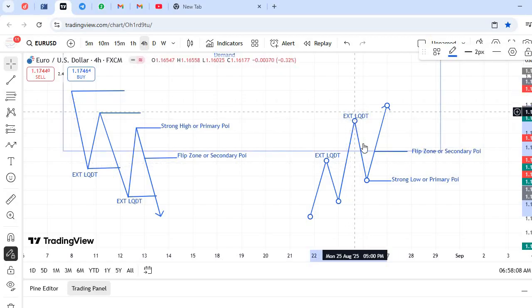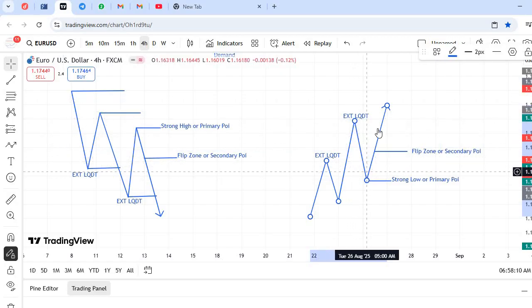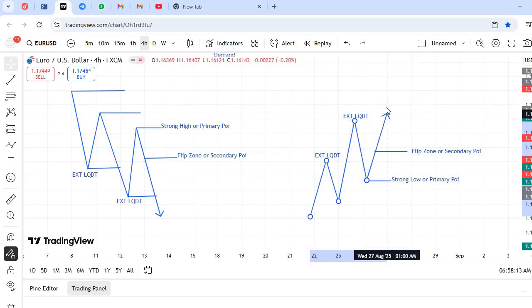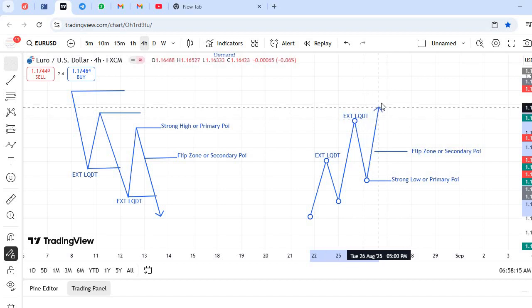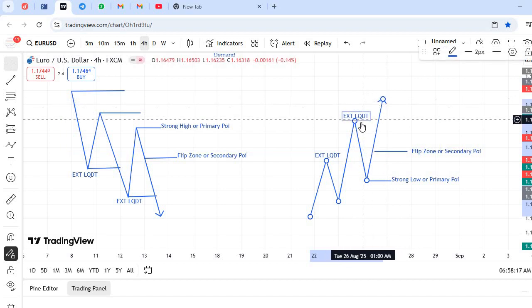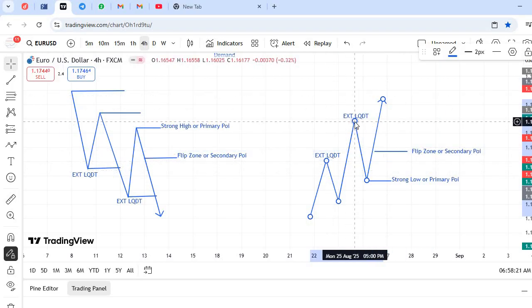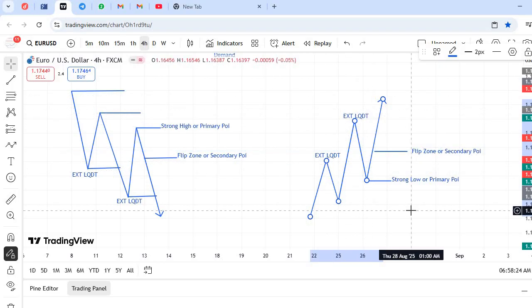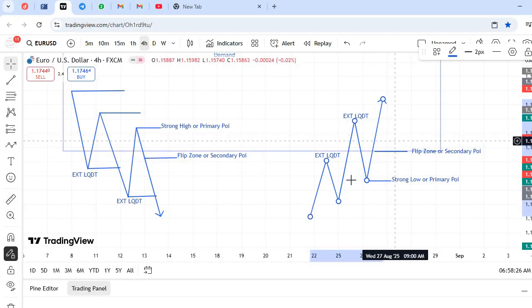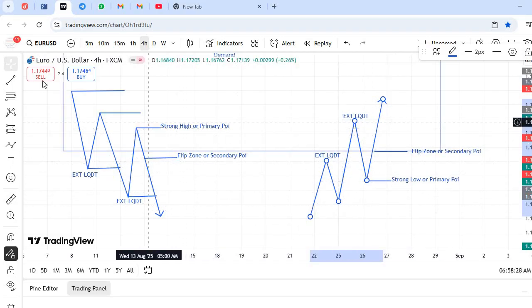So now we had a pullback or a correction. Then we had another impulse. This new impulse has taken out this last high, giving us a new high. So it is expected that in an uptrend, the external liquidities are to be taken out. And in an uptrend, the lows sustain the high.